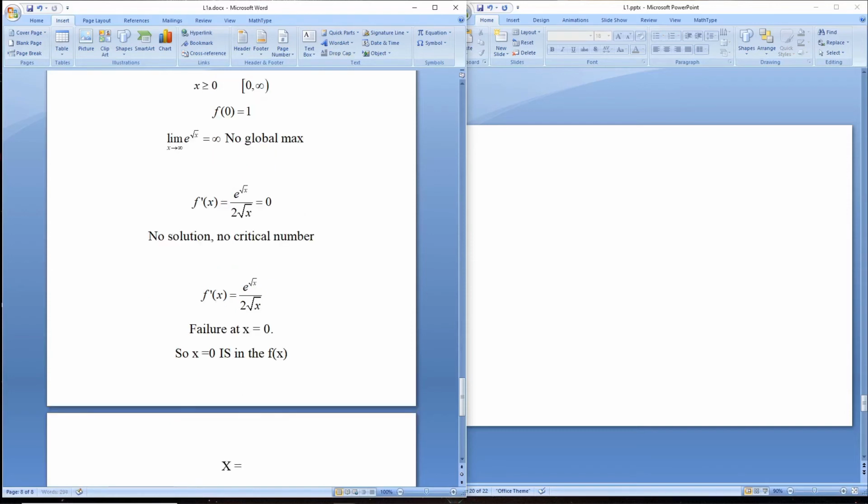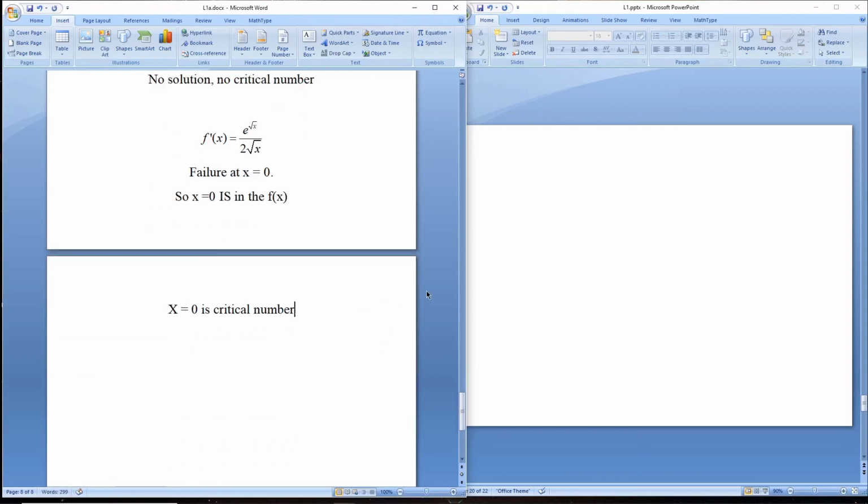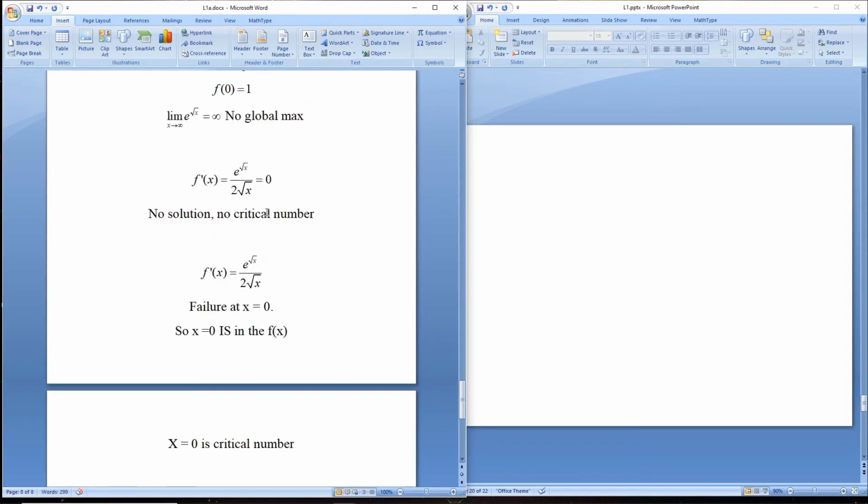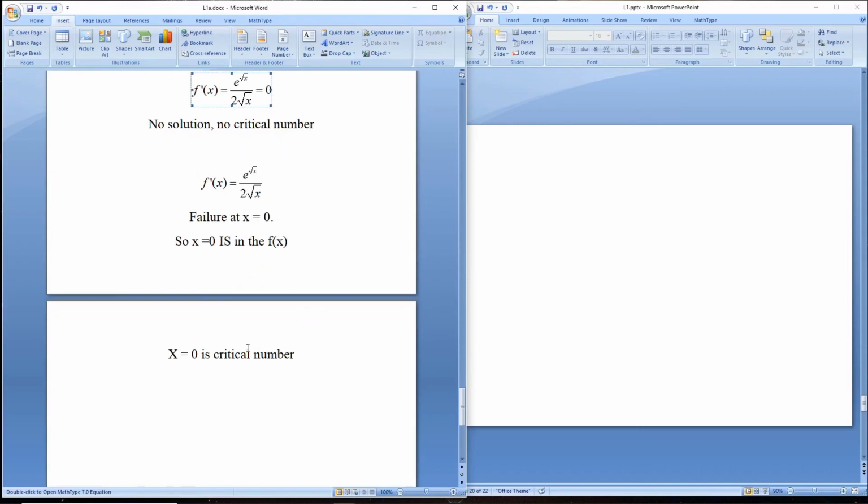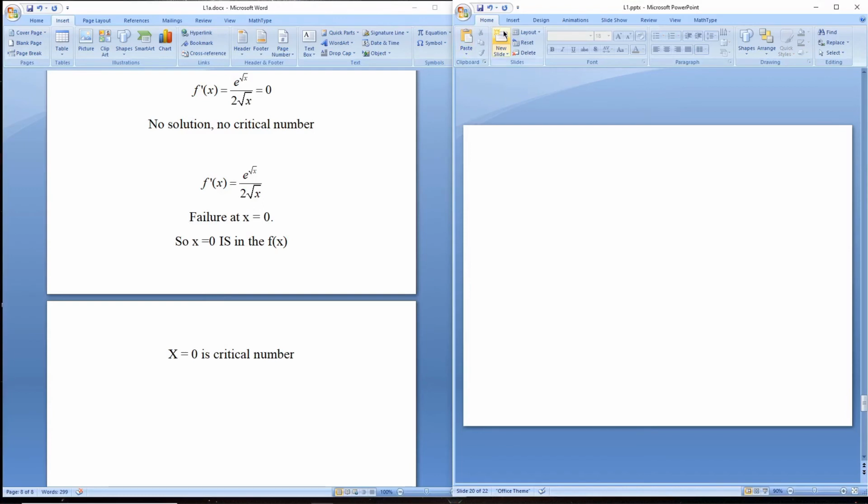So x equals 0 is a critical number. So we got no critical numbers from solving the derivative. We got one critical number from failure. And that's all our critical numbers.